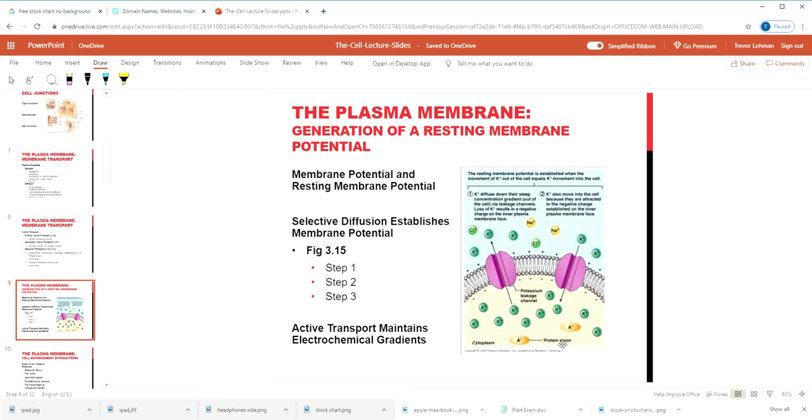It is achieved by the steep concentration gradient pushing potassium out, creating a negative force inside the cell. The reason it doesn't just keep going to -80, -90, -100, -110 is that at some point the potassium gets sucked back in by an electrical gradient.